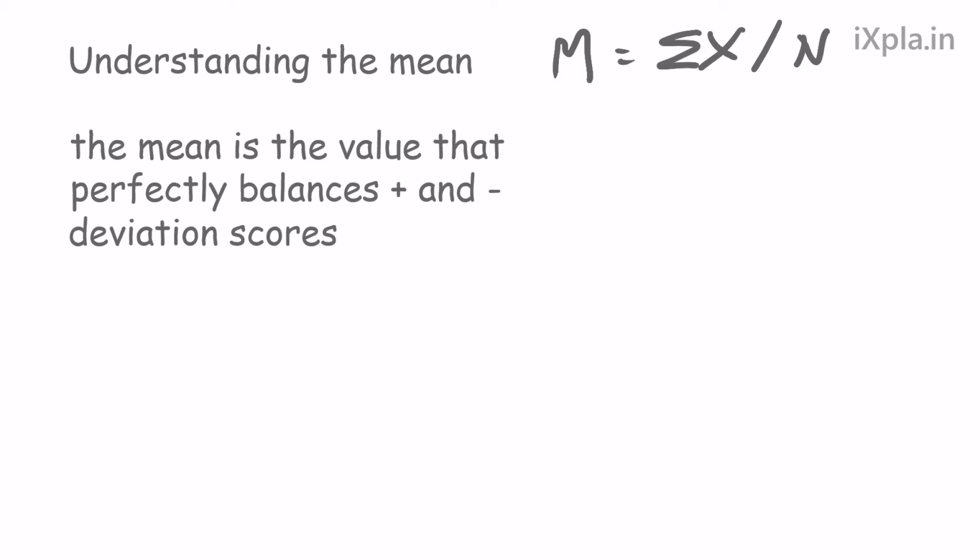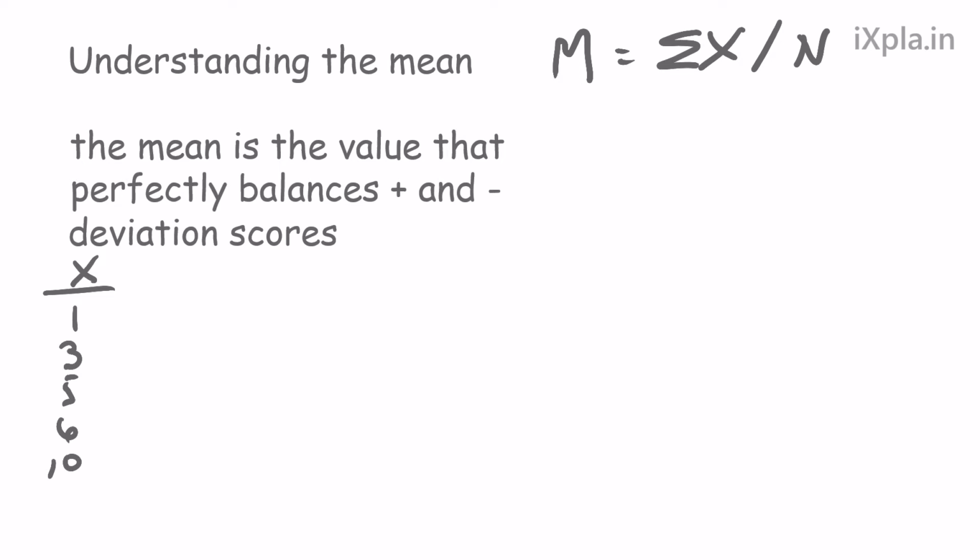Well, first, in order to understand that, you have to understand what a deviation score is. So I'm going to go through a couple quick examples here. Here is a distribution of scores, a distribution of x's. So these are the actual scores. There's a score of 1, there's a score of 3, there's a score of 5, there's a score of 6, and there's a score of 10.